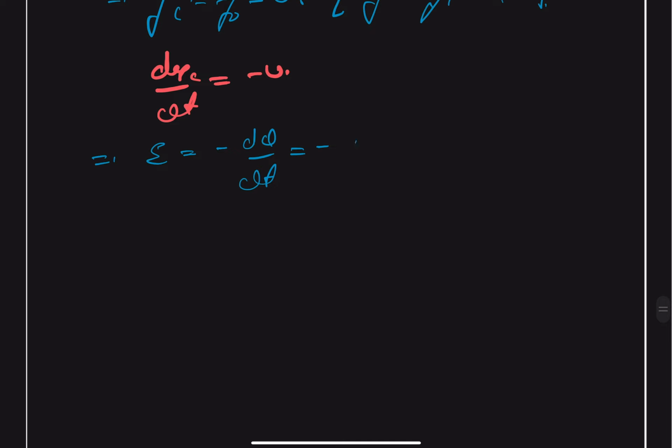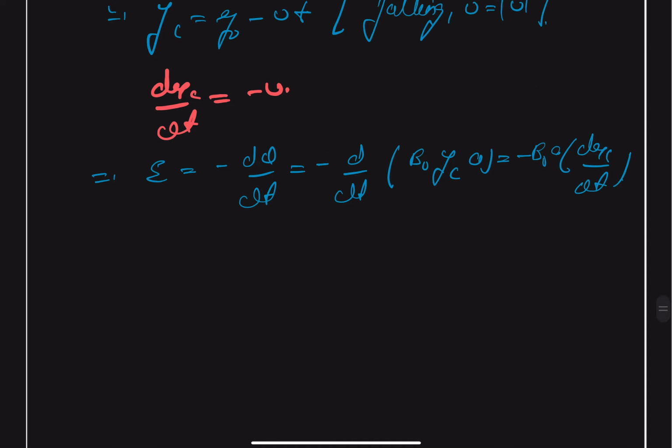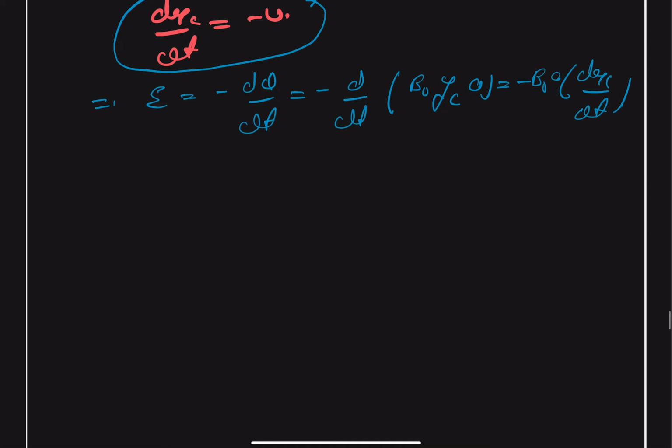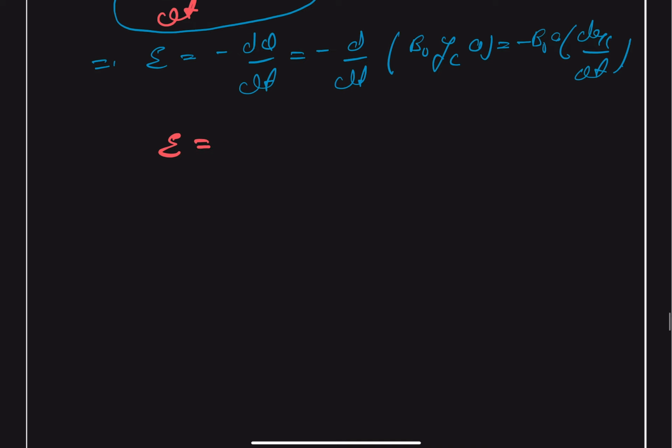So this becomes b naught a times d yc upon dt, and dyc upon dt is minus of v. So we substitute it, and we get the induced EMF equal to minus b naught a and minus of v. This gives us the induced EMF is equal to b naught a times v.